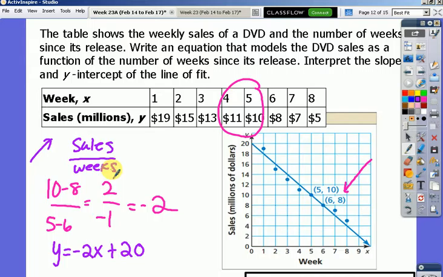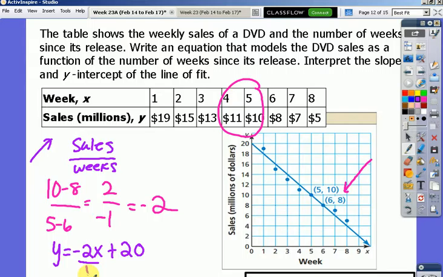We're going down by 2 million. We're not going down by -2 million, but saying going down implies a negative. So, every week, we lose how much in sales? 2 million. Does that make sense? Yes, because weeks are in the denominator and sales in the numerator.